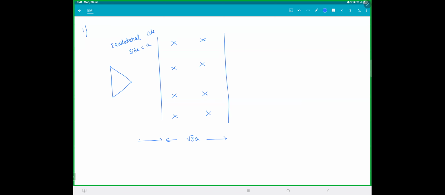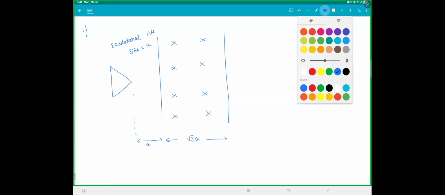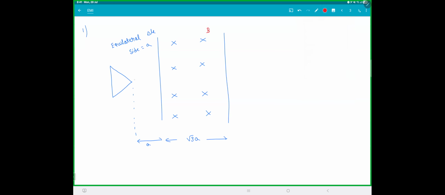This distance is also a. Magnetic field is B, and this thing is going with constant speed. So that means this triangle will enter inside like this, then will start coming out, and then comes out. So the triangle is continuously moving through this region. Plot flux versus time graph.